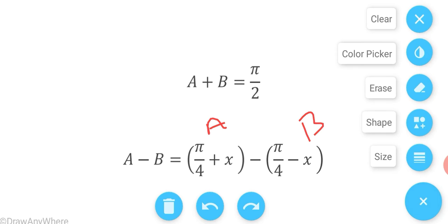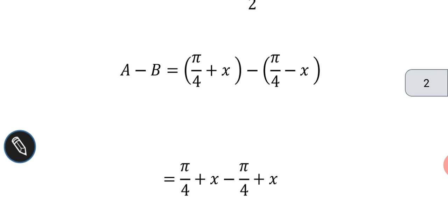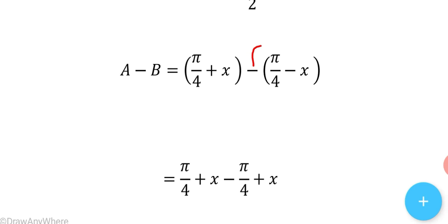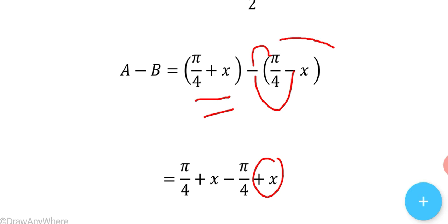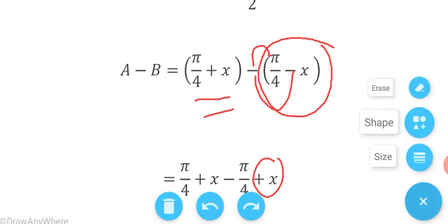Now multiply this minus into pi by 4 minus x. Minus into minus becomes plus. So write pi by 4 plus x as it is and multiply this minus with pi by 4 minus x, so it becomes minus pi by 4 plus x.